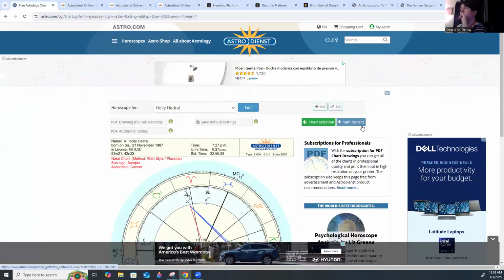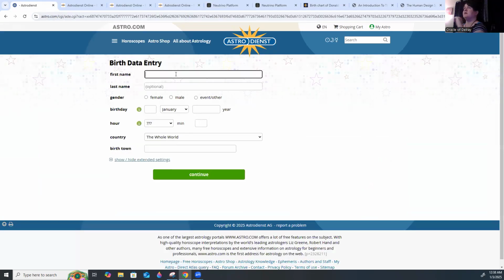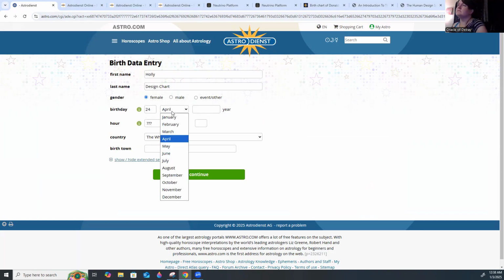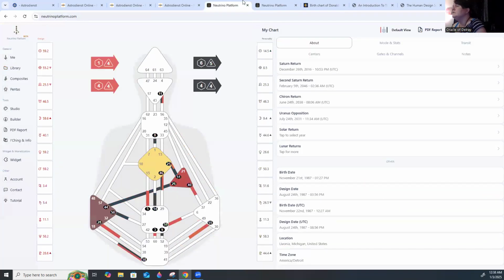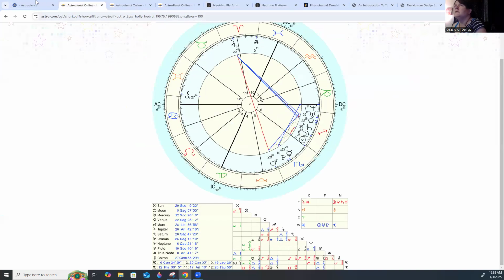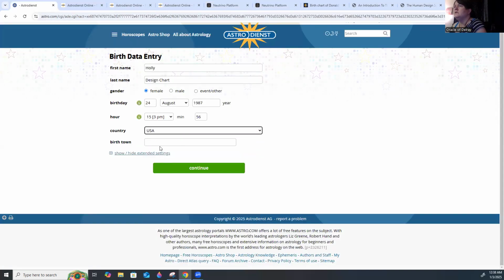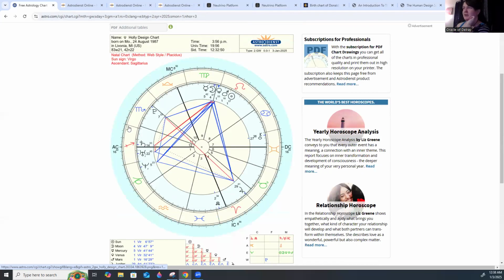And I can even go back to my astrology and look up what it looks like. So that's what my second birth chart looks like.